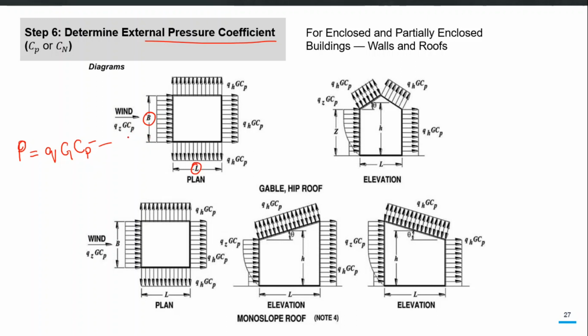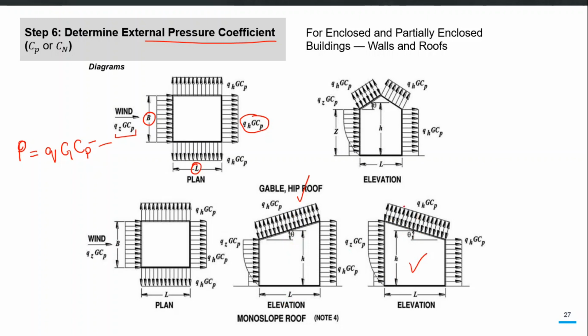Cp. So we will be having this pressure on the windward side and this one on the leeward side. For this kind of roof, if this is the elevation, you can see the external pressure will be like this, or for this kind of elevation it will be in this direction.